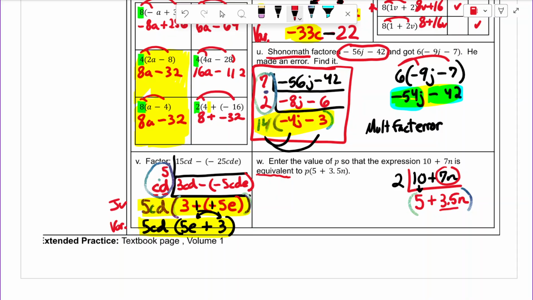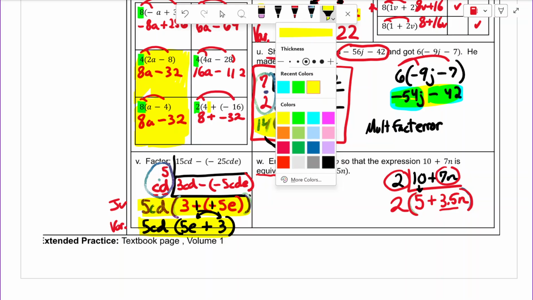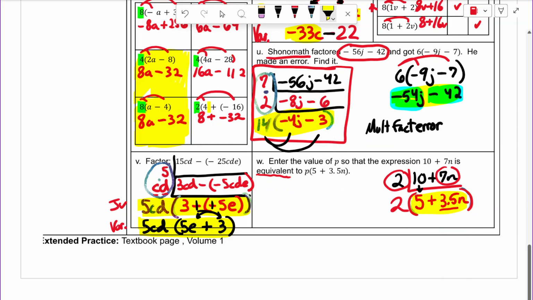So this would be our GCF. So we put a 2 down there. Now look back at this problem. This part right here, inside the parentheses, is the exact same as over here. And outside in front of the parentheses is p. And outside in front of this one is 2. So what is the value of p? P is 2.